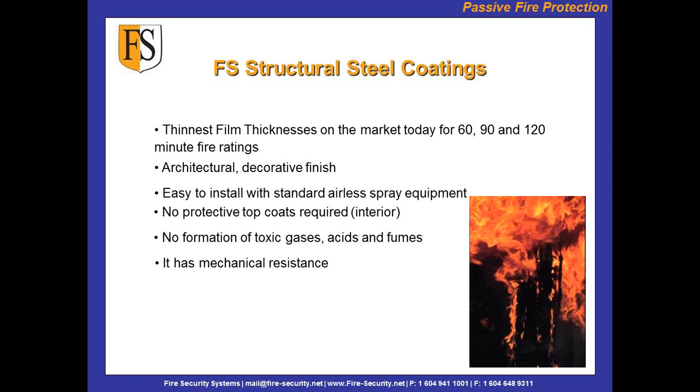So for the application of the materials, you can put it on by brush, but like we discussed previously with other coatings, the thin films are traditionally known as decorative finishes.